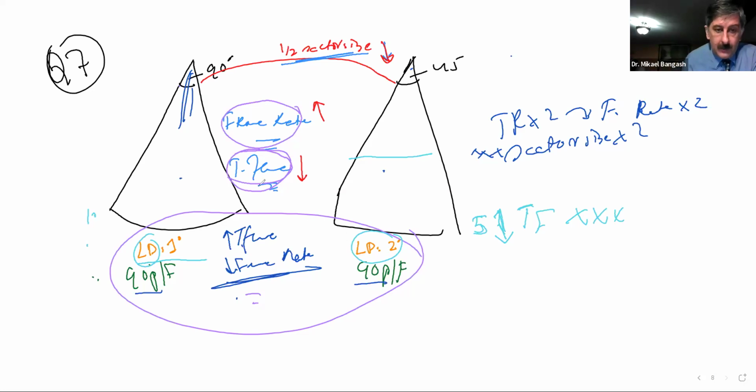Due to that, the T frame of both of these is going to be the same, which causes them both to have the same frame rate. Any questions, guys?